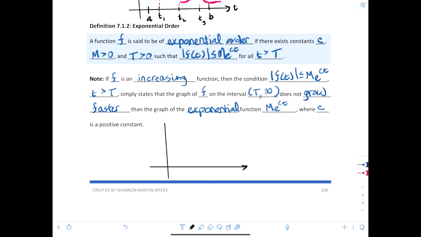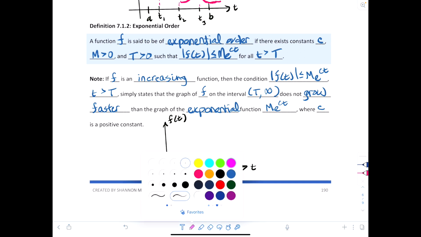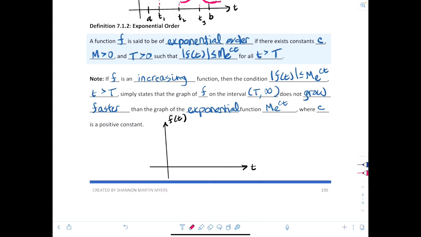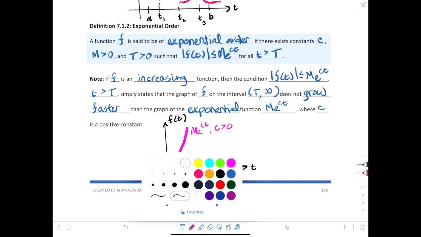So you have your t, your f at t. I'll do it in a different color. So you've got some m e to the ct, c greater than 0, in this purpley or pinkish color.